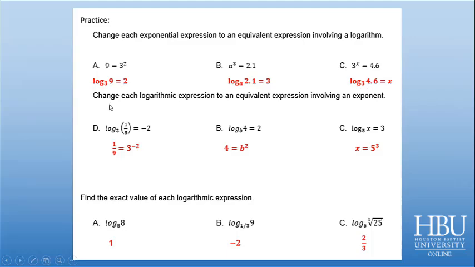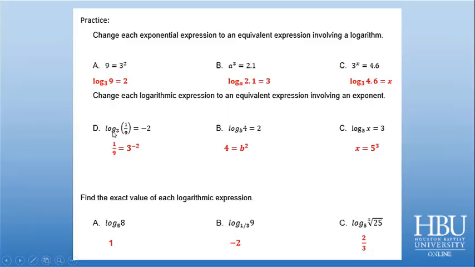Going in the other direction, if you're given a logarithmic expression, you should be able to change it to an equivalent expression involving an exponent. The logarithm of 1/9 to base 3 is -2. In the equivalent exponential form, that says 1/9 is 3 raised to an exponent of -2.